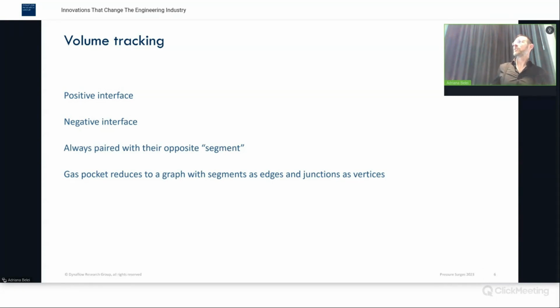So essentially, what we have is a graph where we connect all the segments to each other at the junctions, because the junctions are the points where the different segments are combined into a single volume. So essentially, it's just a bunch of manipulations to track all these volumes going through the system.